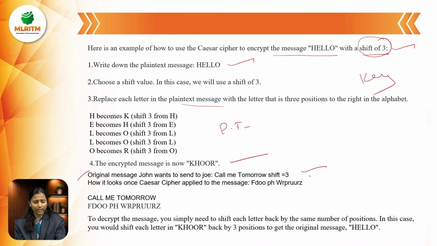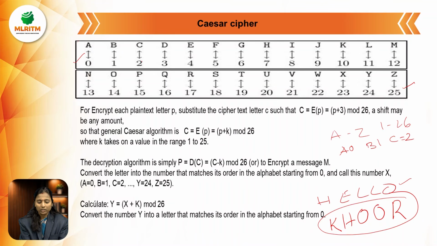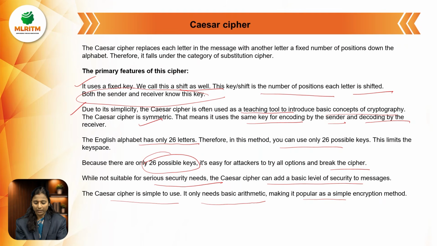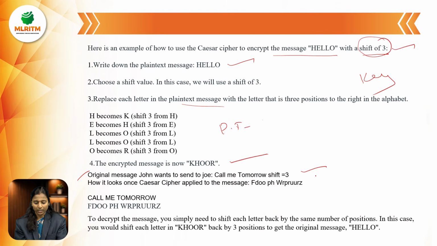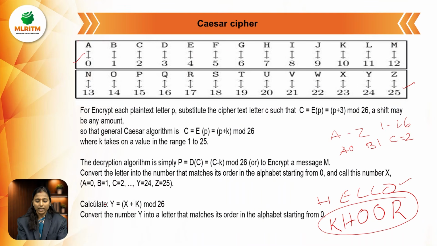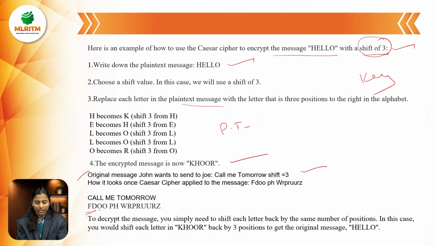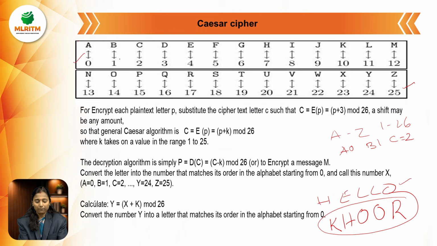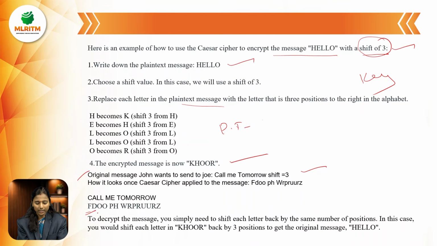Then how do we do it? Call, shifted by 3: C becomes F, A becomes D.